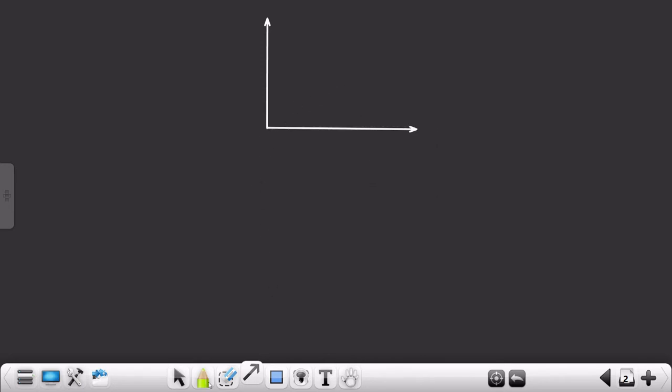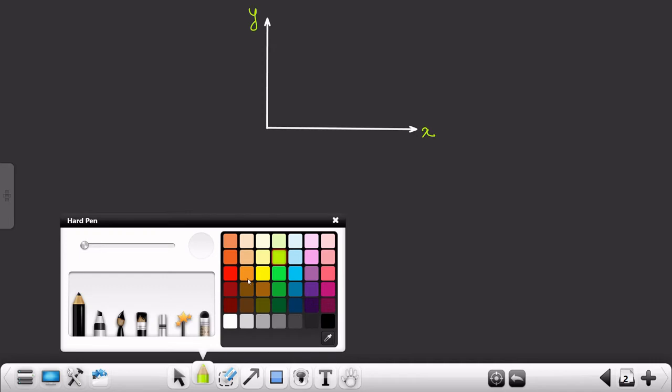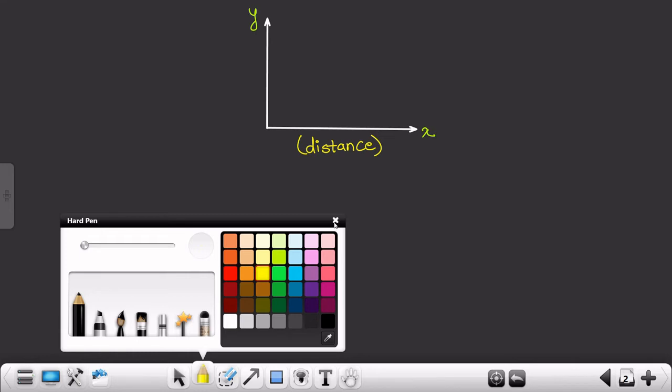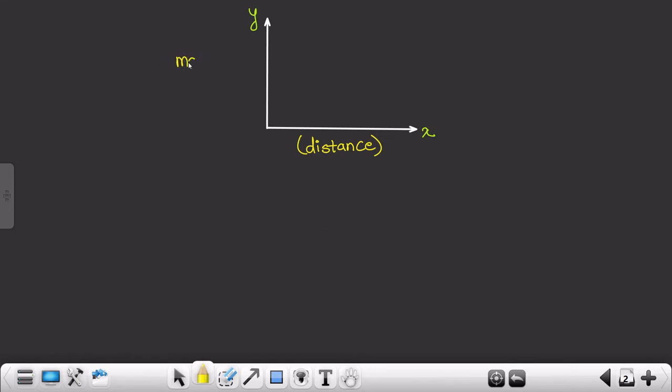As you all know, in a graph we have the x-axis and y-axis. This x-axis represents the Richter value, but for our better understanding we'll consider this x-axis as distance. We'll come to what exactly it is. On the y-axis we are plotting magnitude. Now you will scratch your head and try to imagine what these two terms are.